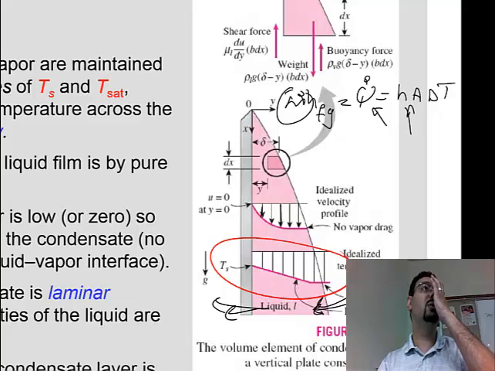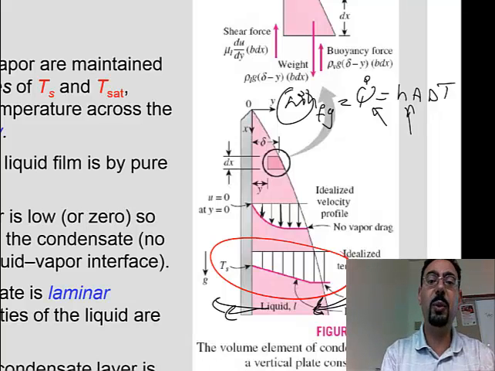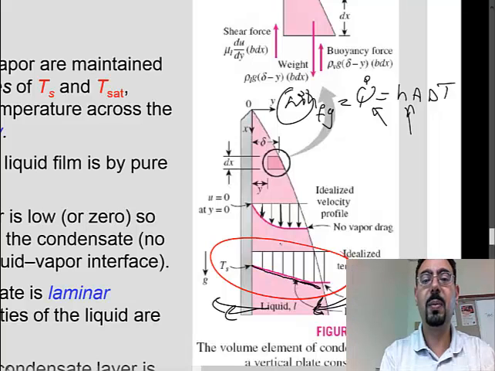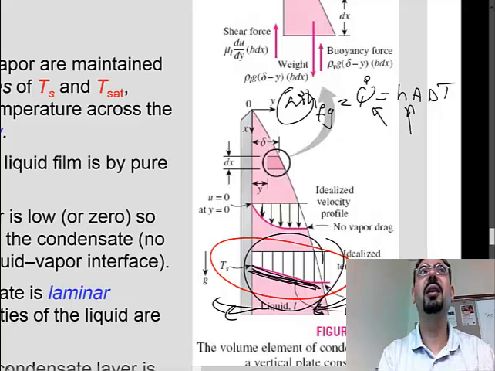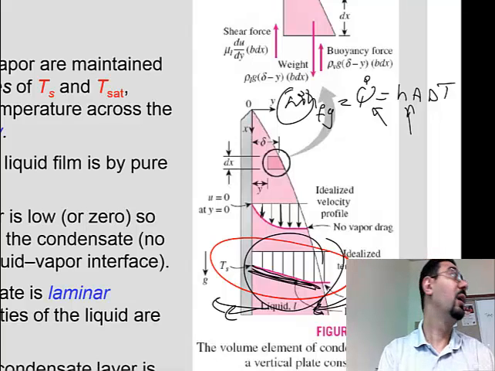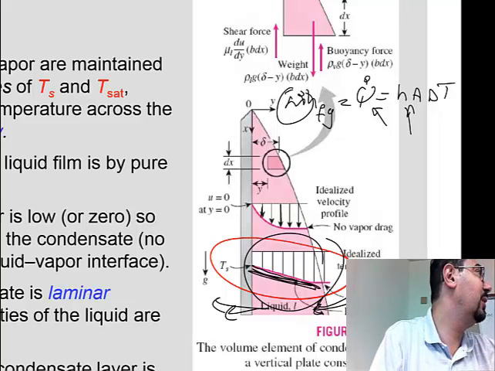So to calculate this Q, if only we have, what? We can calculate the Q to the wall. The gradient. What are you going to do with the gradient of the temperature?